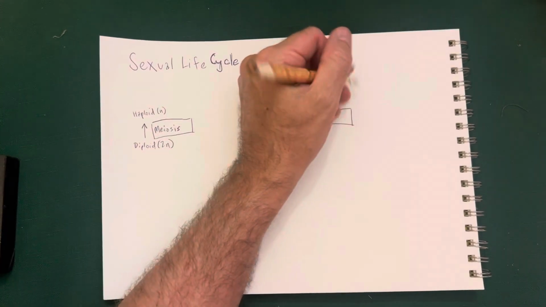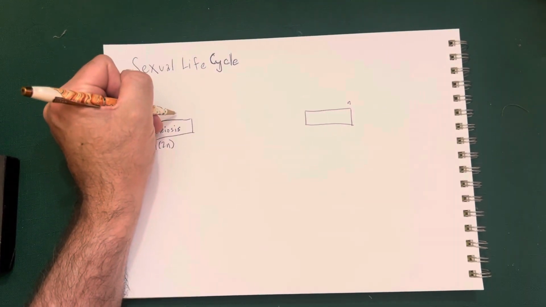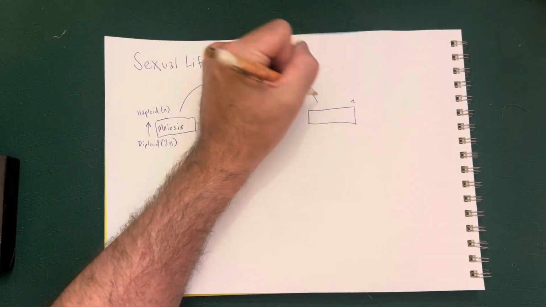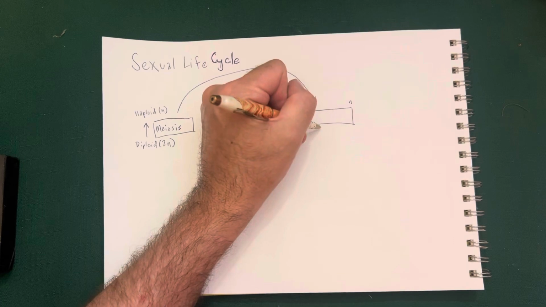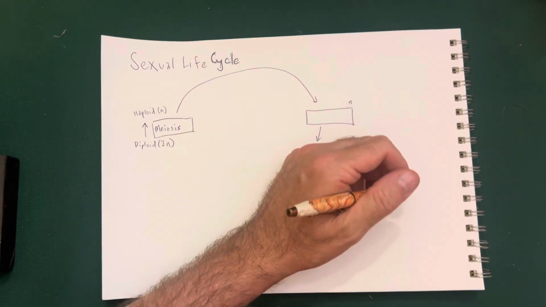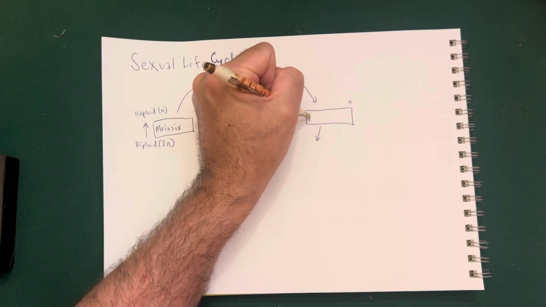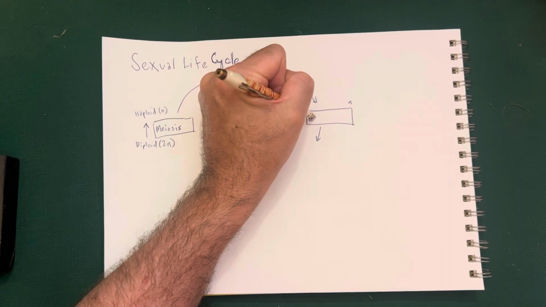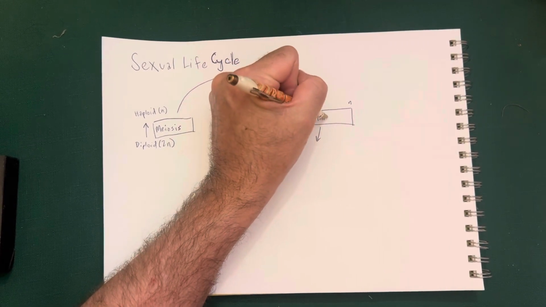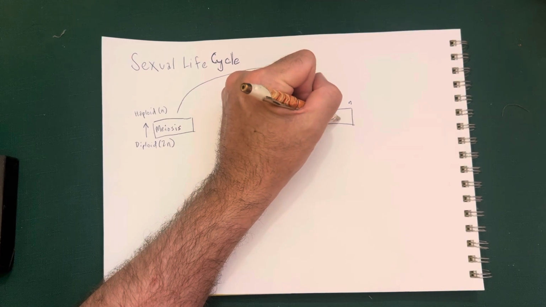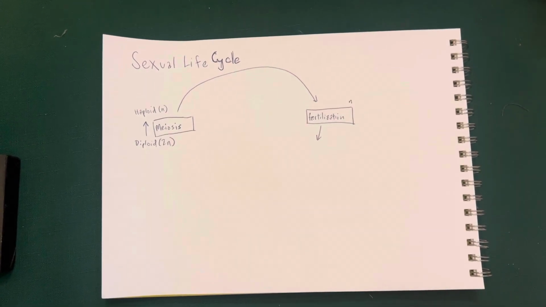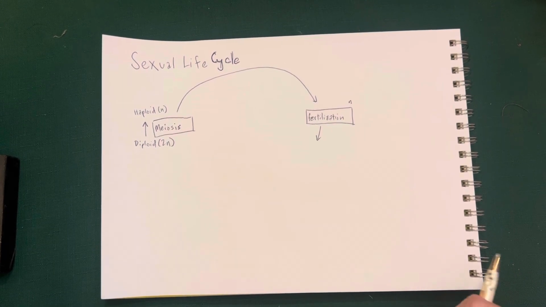Okay, so then how do we go back to diploid from being haploid? Well, we do that through a process called fertilization, or syngamy, which is effectively a synonym for fertilization.